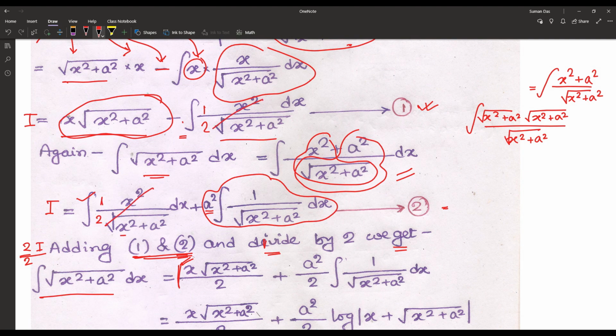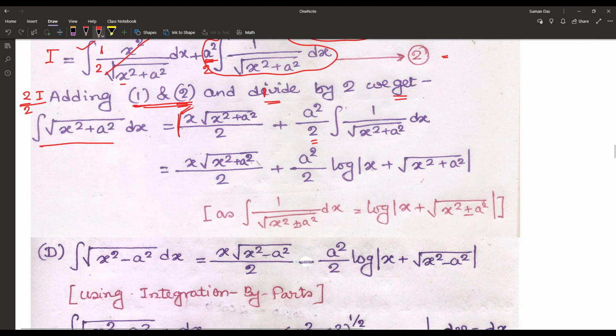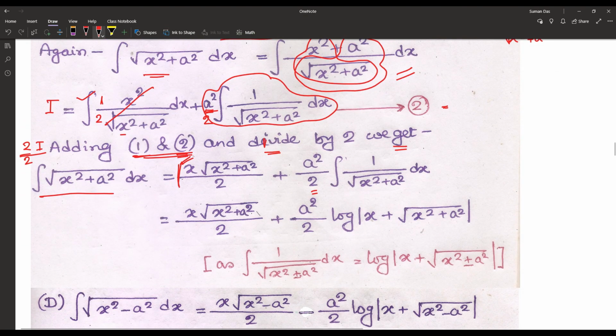So the final one is the integration of 1 by square root of x square plus a square. And before, from the standard integral form, we already know the integration of 1 by square root of x square plus minus a square dx is equal to log of x plus square root of x square plus minus a square.